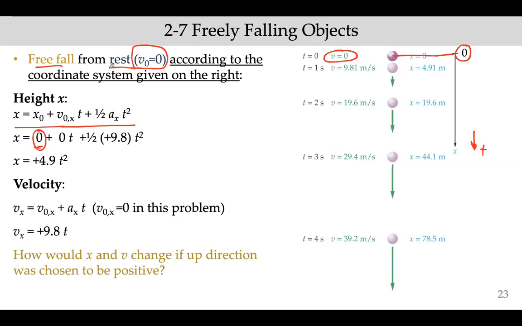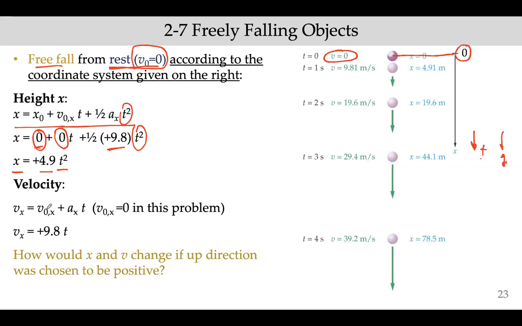It says it's released from rest, so it's 0. And 1/2 g, now the question is, is it going to be positive or negative? Down direction is positive, g is always down, so g is in the positive direction, then you would use positive 9.8. And then we also have the t squared here. So the formula becomes x equals positive 4.9 t squared.